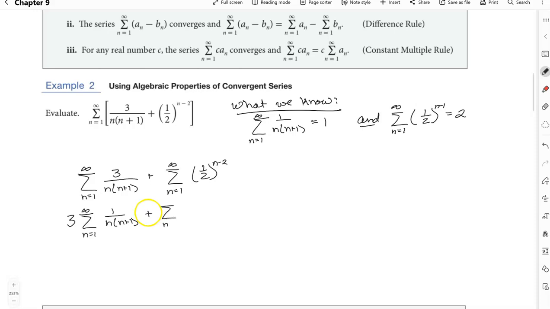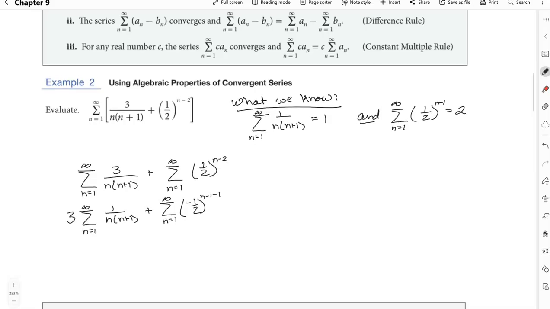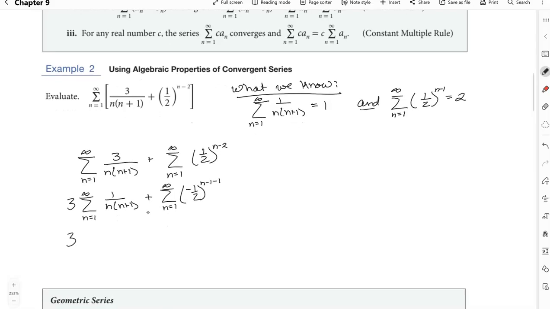What if I were to rewrite that second sum as 1/2 to the n minus 1 minus 1? N minus 1 minus 1 is the same thing as the exponent n minus 2.